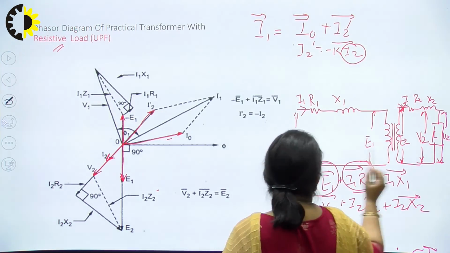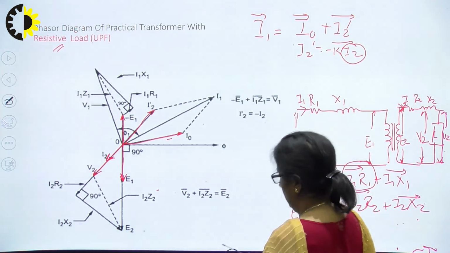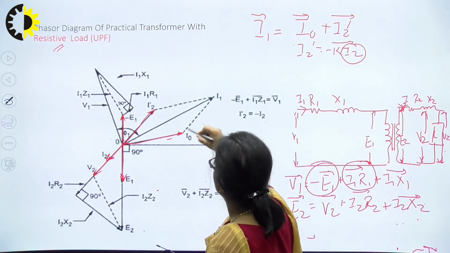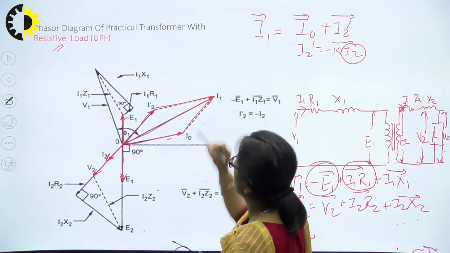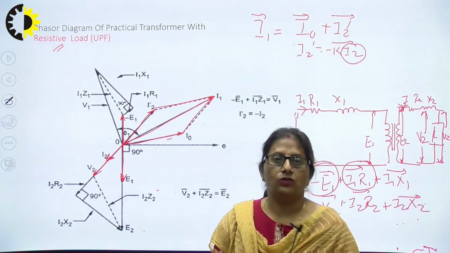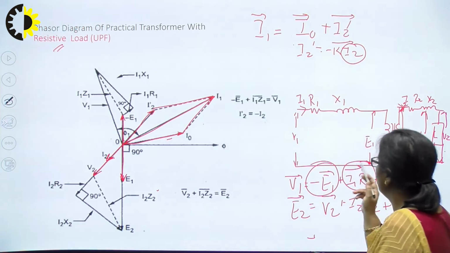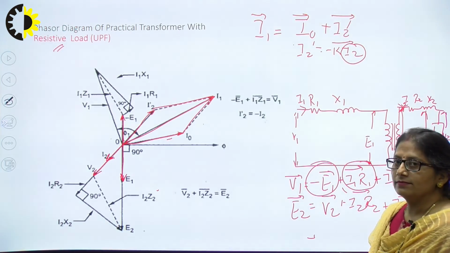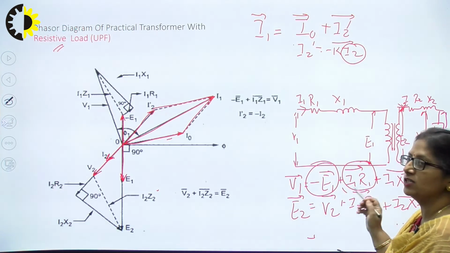Now, the phasor sum of I0 and I2 dash gives me I1. Now I know the phase of I1. If that is so, I can plot the phasor I1 R1. I1 R1, a purely resistive voltage, has to be in the same phase with I1.